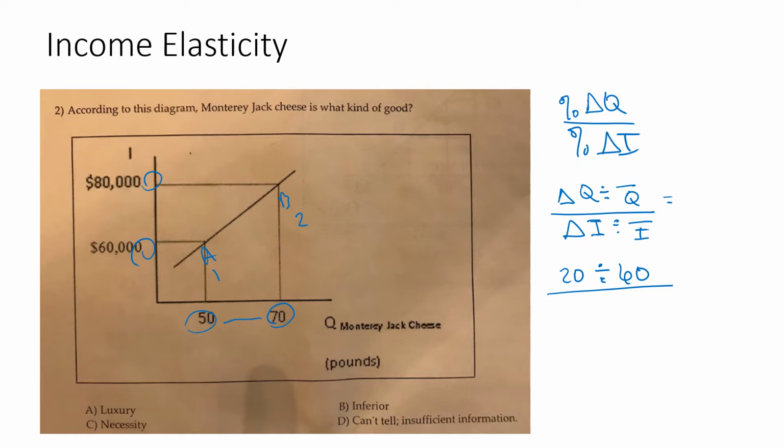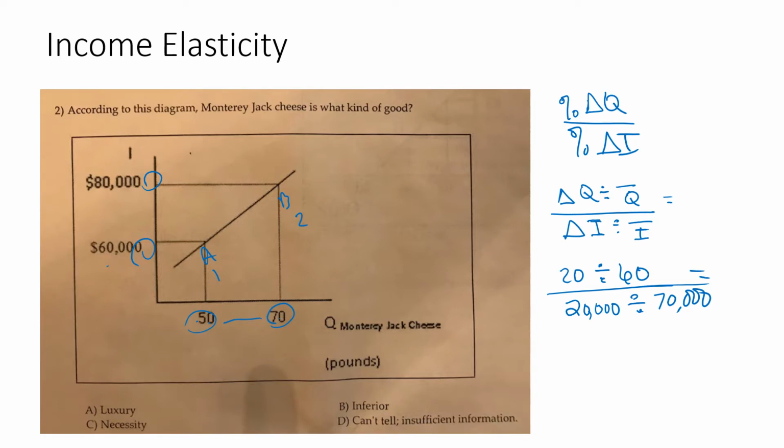So again, 80 minus 60 is 20,000 divided by the average of the two, which is 70,000. All right, we got to just make sure we're still subtracting the correct thing so that we're getting the right negatives. So we did the 2 minus the 1s for all of them.